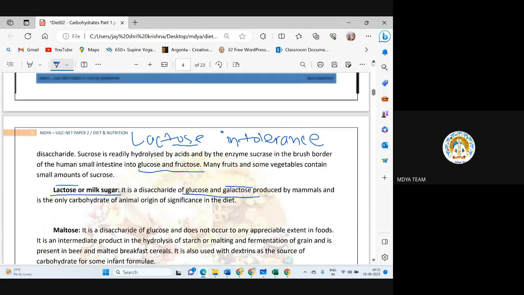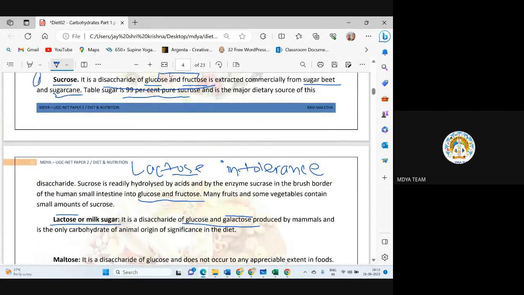When sucrose is broken down into its monosaccharides, one is glucose, the other is fructose. Both are also present naturally in nature, but galactose is not present in free form. Galactose is only present in lactose. Only when lactose is broken down can we find galactose. Galactose is not present in free form in nature. Now, got this point?